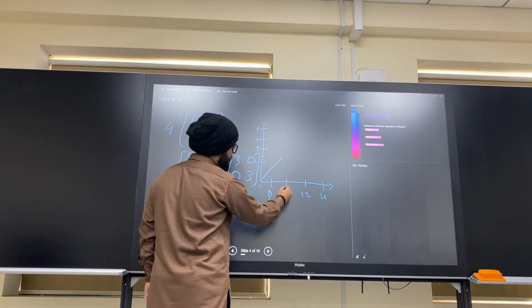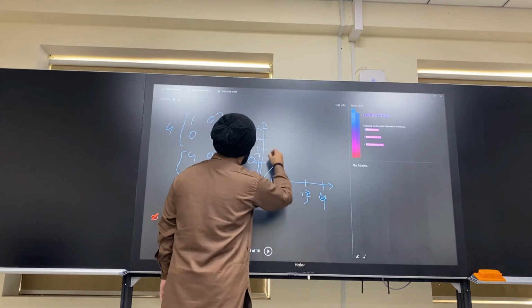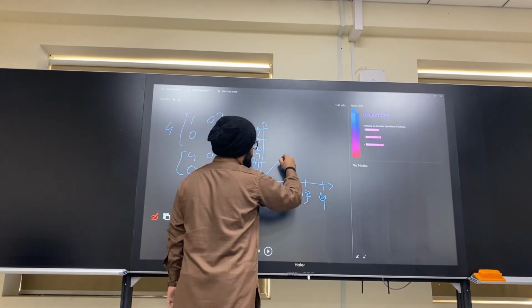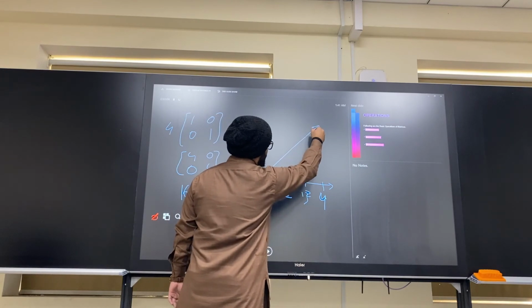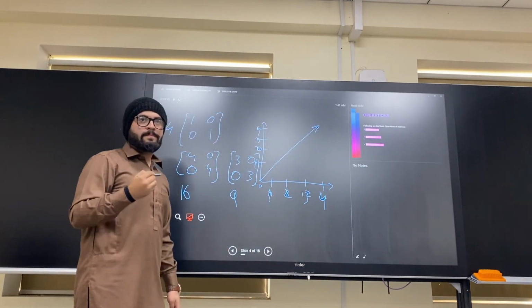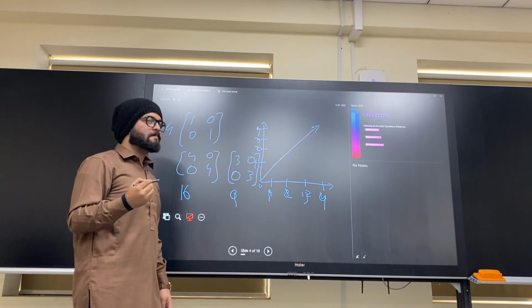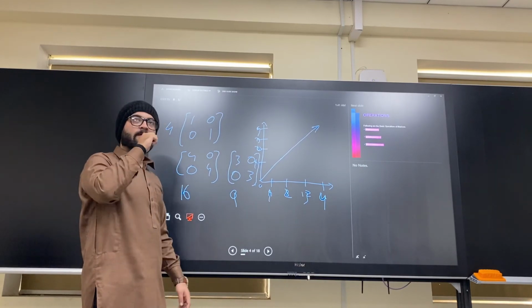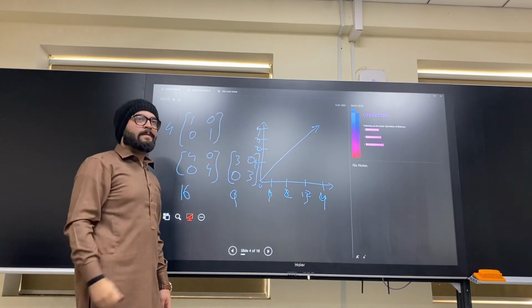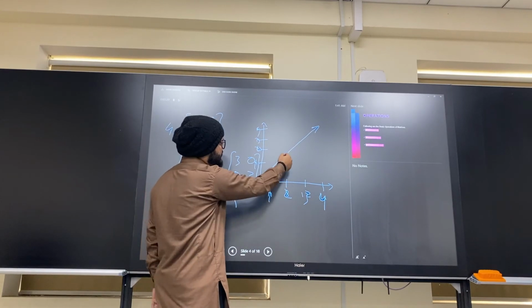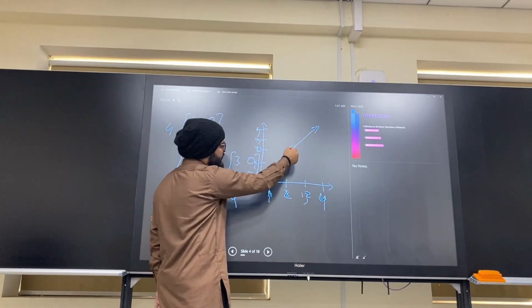So let's go 1, 2, 3, 4, you got that. So 4 and 4, so the value will be somewhat like this. And for the second value, that is 9, the value will be somewhat here.